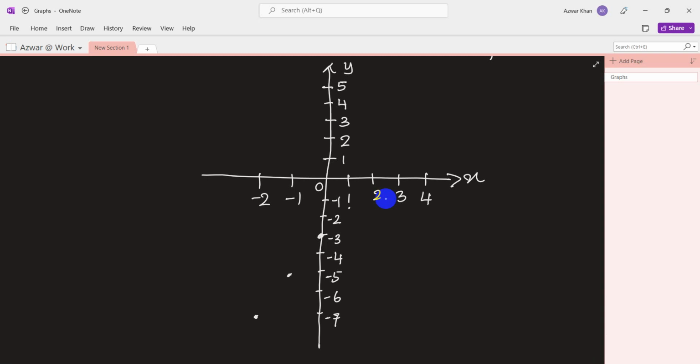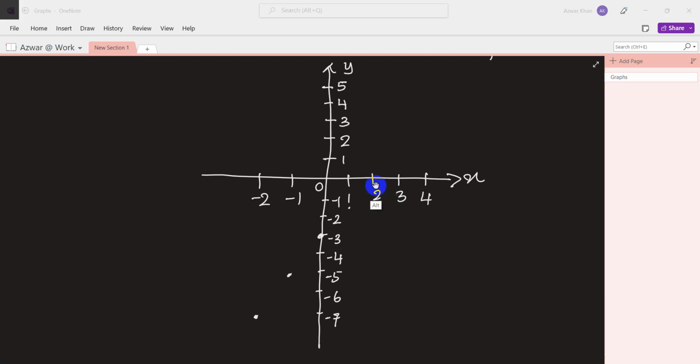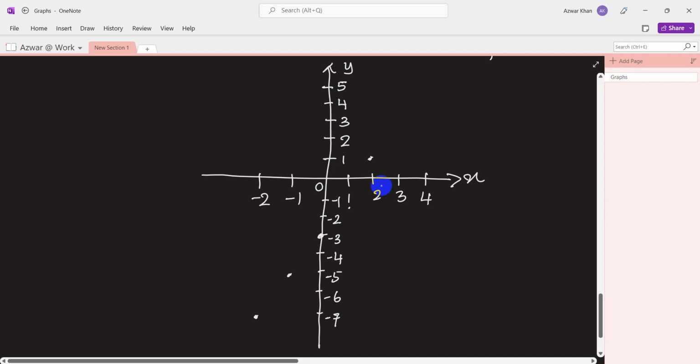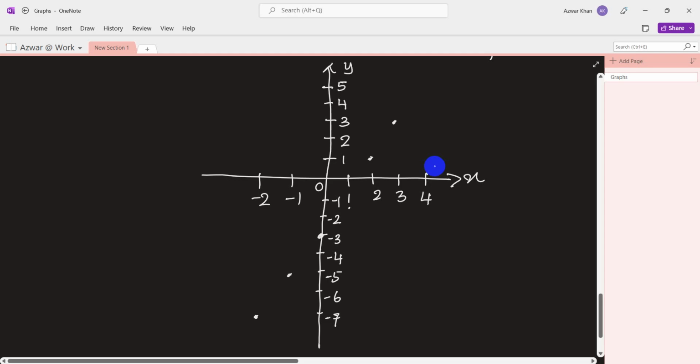Make sure you draw the straight line properly with equal gap between each value. And 2 and 1 is over here. 3, 3, and finally 4 and 5. So x value is 4 and y value is 5.